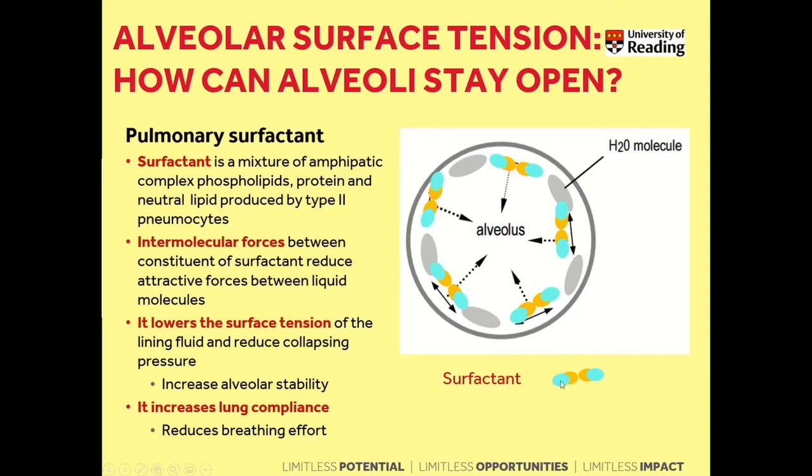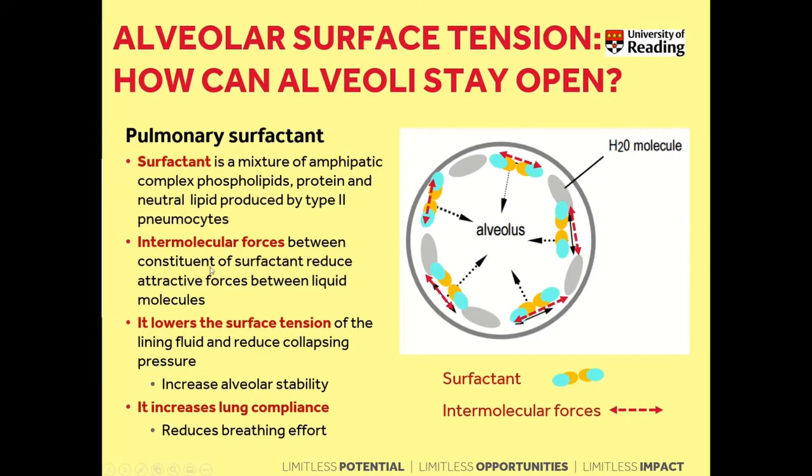What do they do? The surfactant is standing in between the water molecules, and by doing so the surfactant is able to break up the attractive forces, in red here in this cartoon, between the liquid molecules.